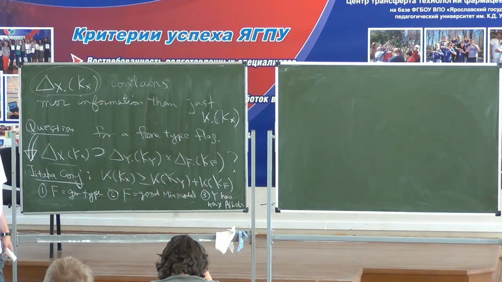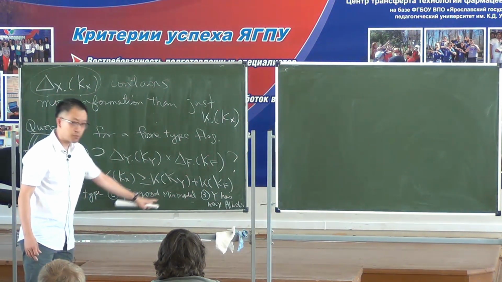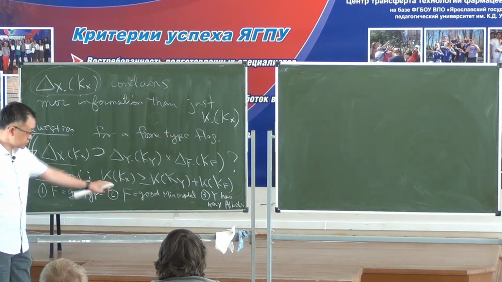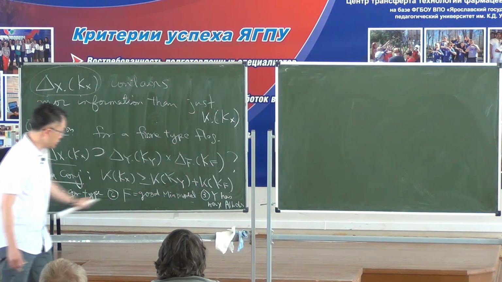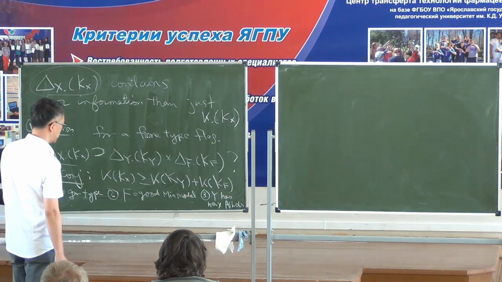Or, even more generally, a good minimal model, and still nothing more. And in the third case, the requirement is only for Y. Yeah, these are all independent. And there are a few more cases.